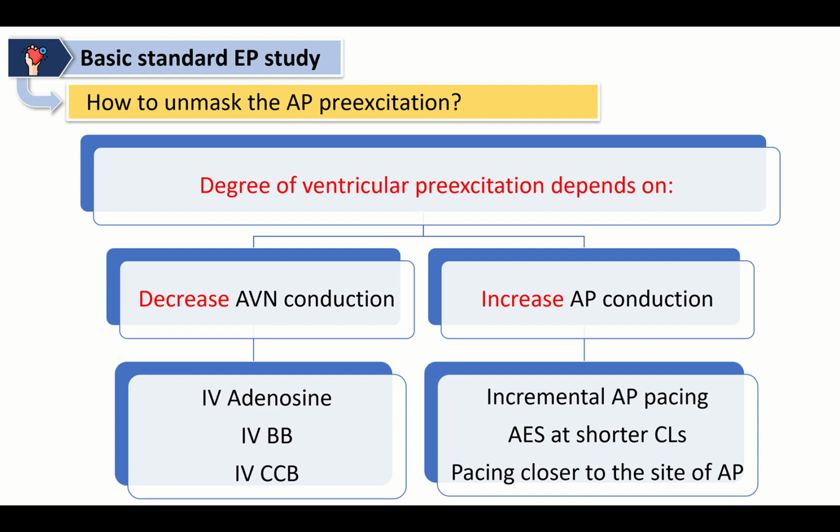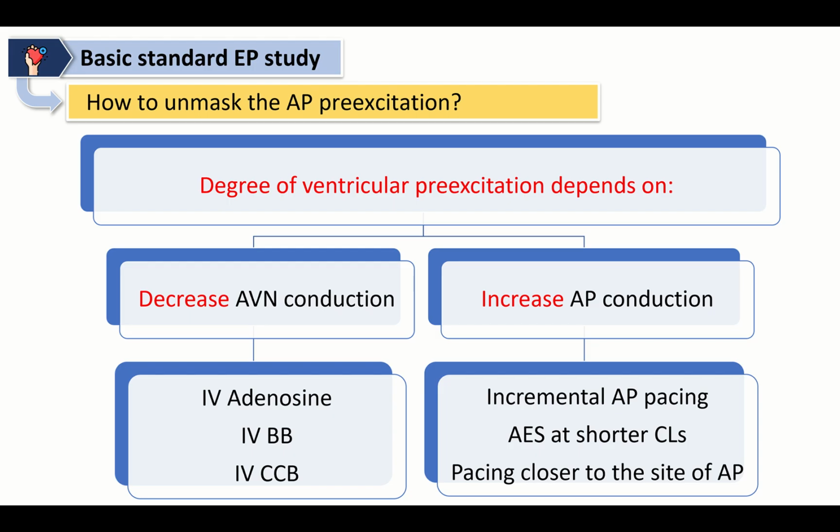Golden rule, you should know degree of ventricular pre-excitation depend on decrease the nodal conduction using any drug like adenosine, beta blocker or calcium channel blocker, or increase the accessory pathway conduction to increase the pre-excitation at ECG.